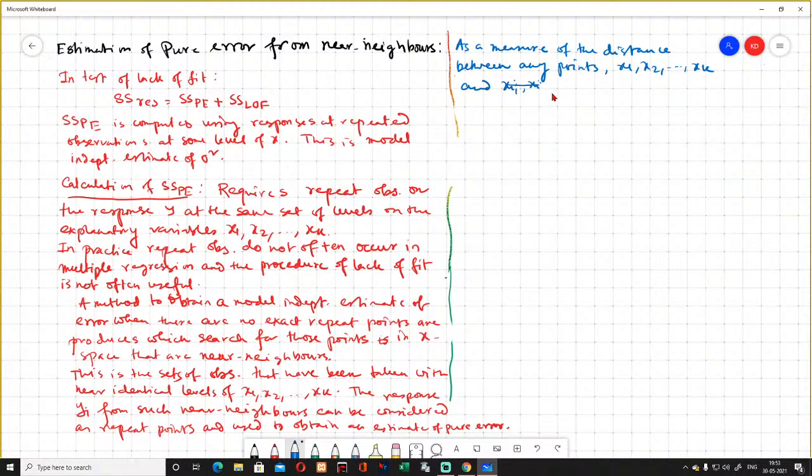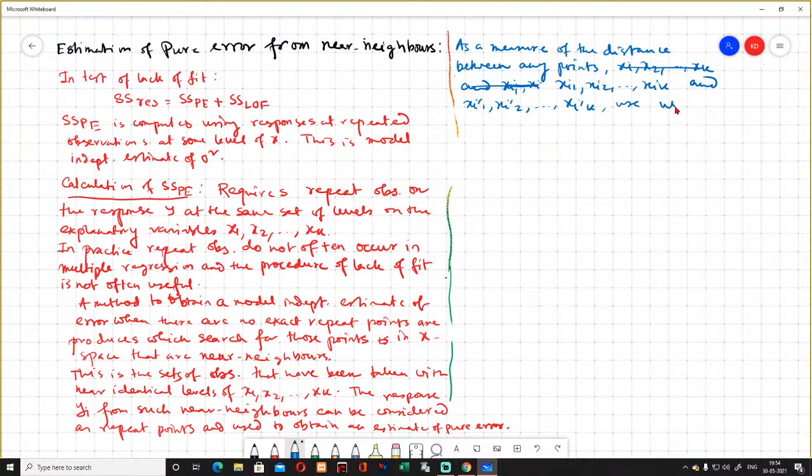I think any 2 points means that. Any 2 points xi1, xi2, ..., xik and xi dash 1, xi dash 2, ..., xi dash k.